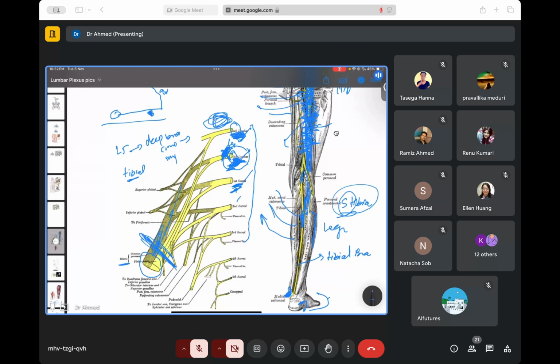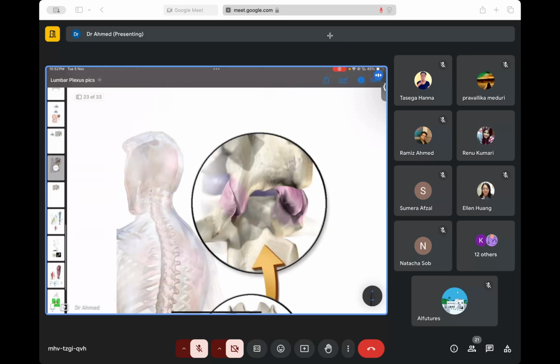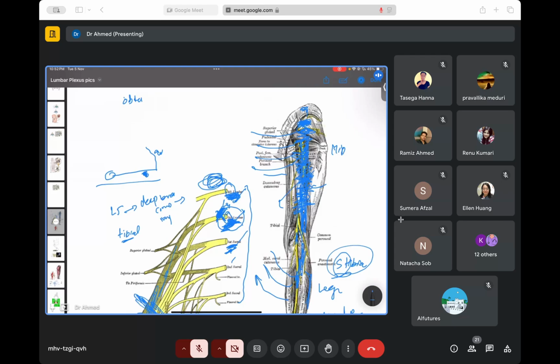So can anyone give us an overview of the nerve which we discussed? Yes, the sciatic nerve. So, the sciatic nerve is the largest nerve, and it provides motor supply to the posterior compartment of the thigh, which is our hamstring muscles.